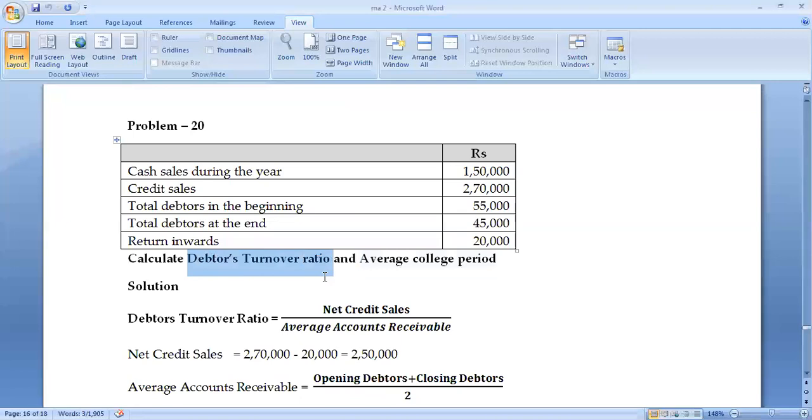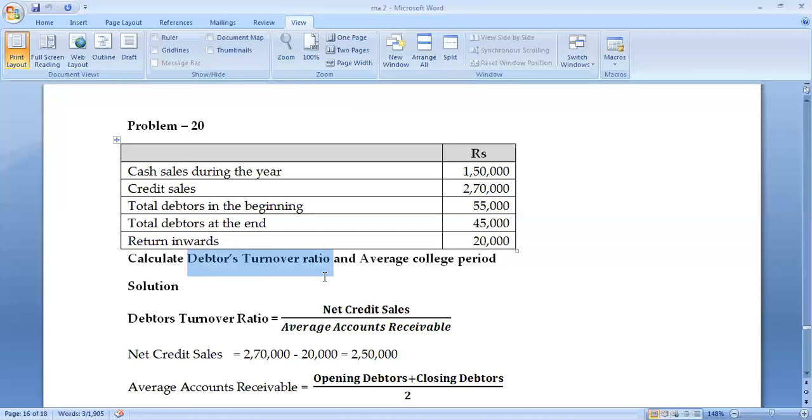The debtors turnover ratio shows how quickly or how rapidly the collection will be received from the receivables. In what duration you will receive the collection from certain sales will be computed here. One more thing that should be remembered: in the case of the debtors turnover ratio as well as the creditors turnover ratio, you take into consideration only the credit sales and the credit purchases.